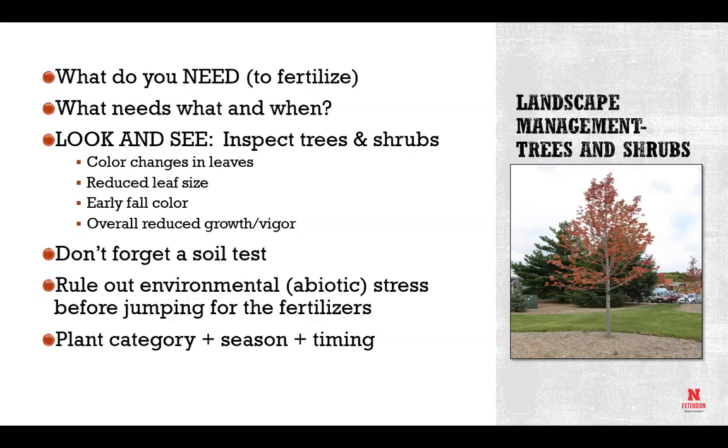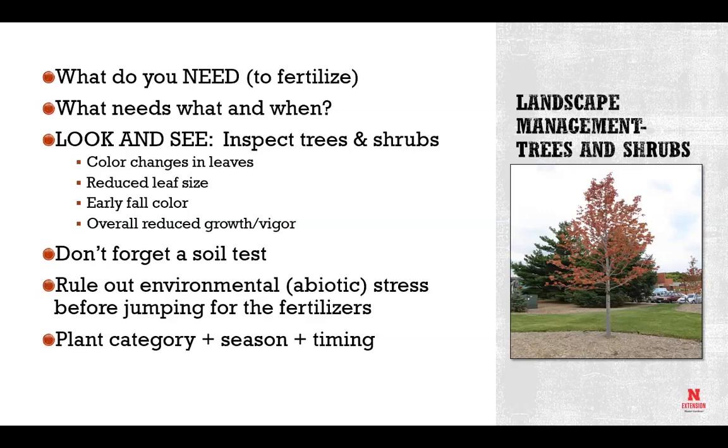So this is a look and see again, what is going to show you, if you know your landscape, just like your peeps, you've got kids, you've got grandkids, you've got a spouse or a significant other. When they look a little off, they probably need something, right? Same thing with the plants. You need to get that soil test. Are you sensing a little repetition here?